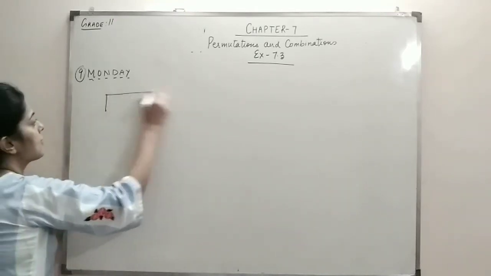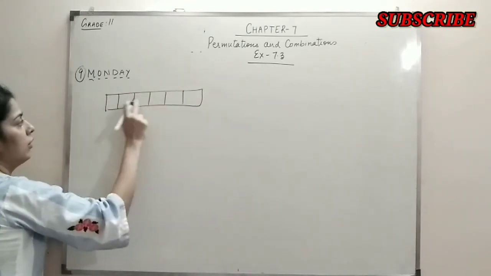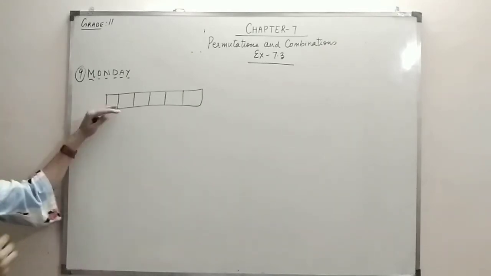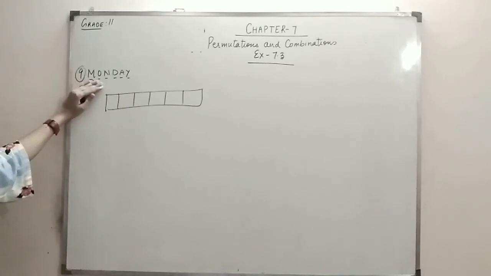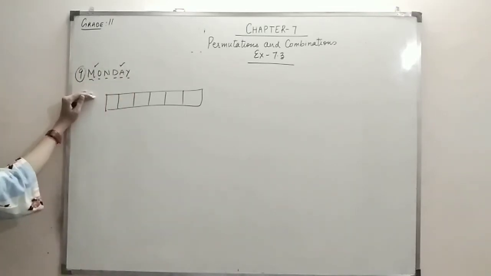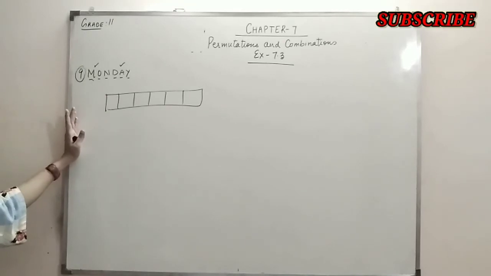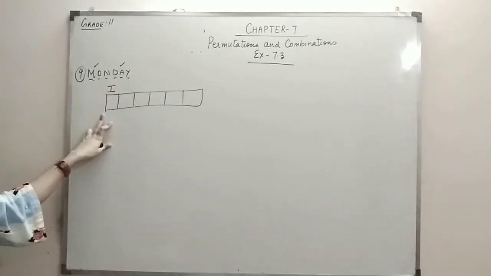We are filling the 6 places, but the first letter is a vowel only. Now if you see, there are 2 vowels, O and A. And these 2 vowels can be placed in 2 ways, because in the first letter we want a vowel only.